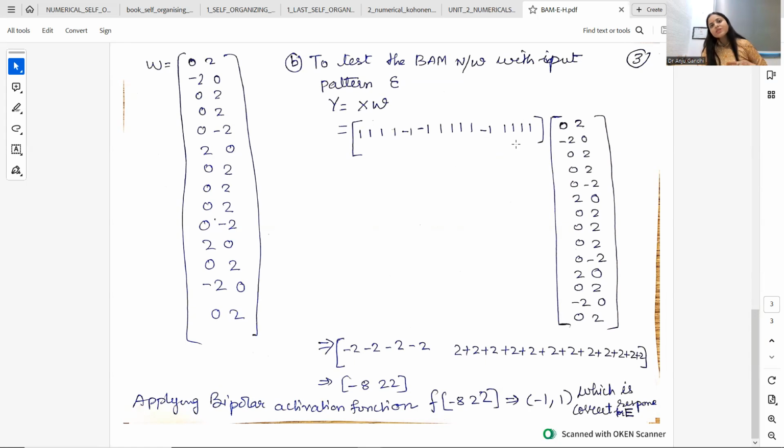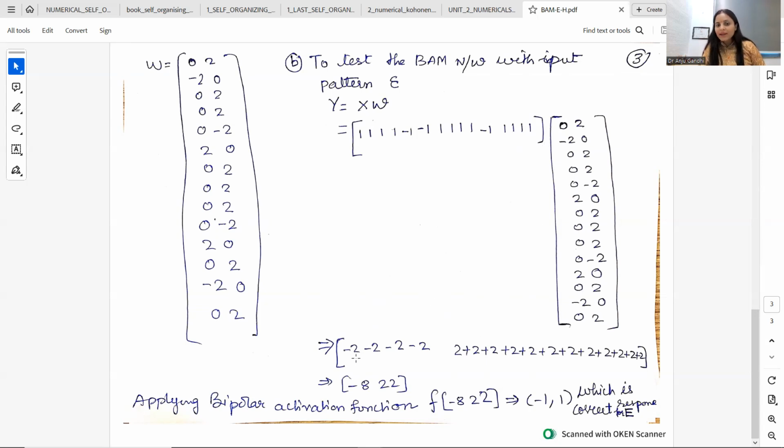We perform the dot product, for example 1 into 0 is 0, 1 into -2 is -2, 1 into 0 is 0, -1 into 0 is 0, -1 into 2 is -2.